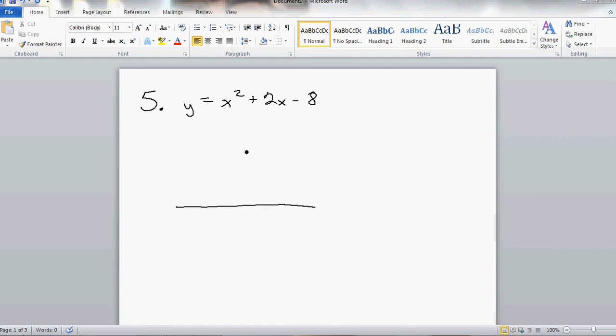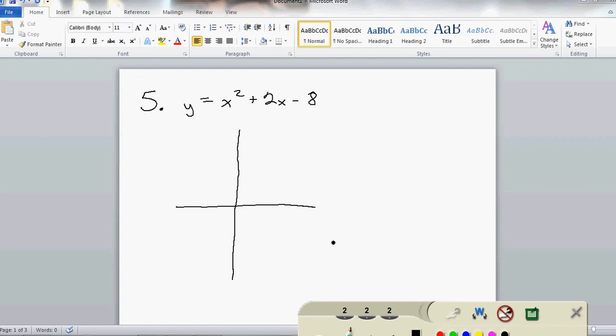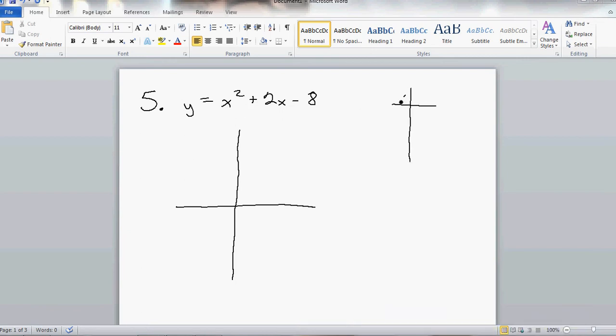One of the easiest ways is to just start plugging in some values. But at a minimum, we do need to make sure that we include when the x-coordinate is 1, because number 5 asks that. If I plug in values for x, I'm going to plug in -2, -1, 0, 1, and 2.